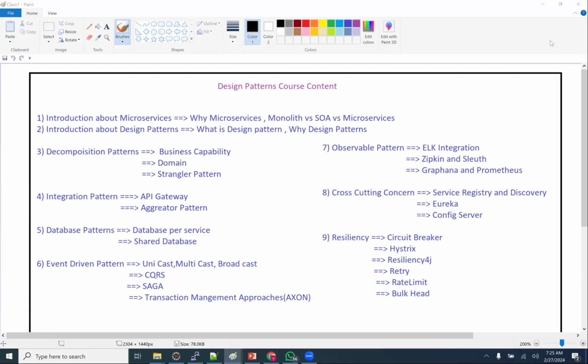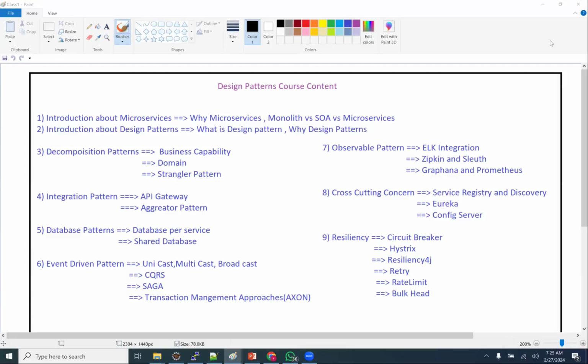We are going to write code and see the real-time implementation of the integration pattern. With that knowledge, whenever you face an interview, or if you already have a job and are exploring new things and want to implement the same in real time, this knowledge will help you.